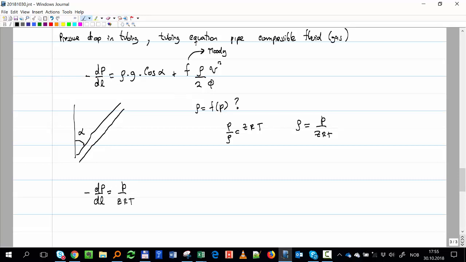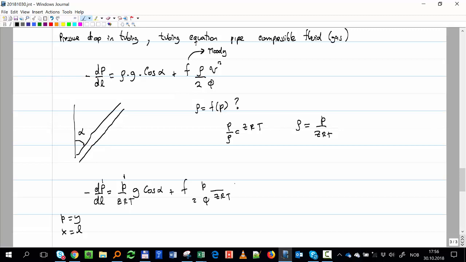So in this differential equation, P is Y, and X is L. So you see that Y appears here and here. Now you have gravitational acceleration, the cosine of alpha, plus f times, and here I have to use two diameter, the density, which is pressure divided by ZRT, and the velocity.